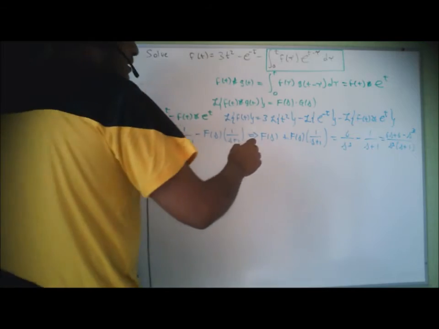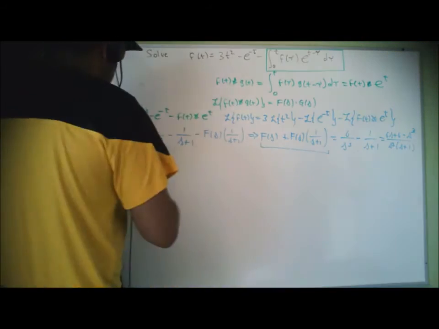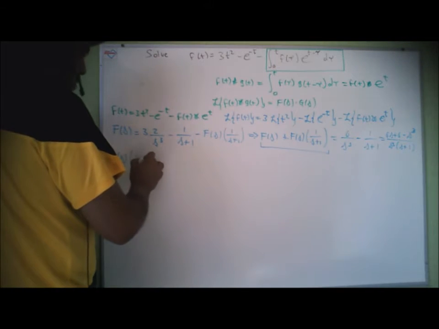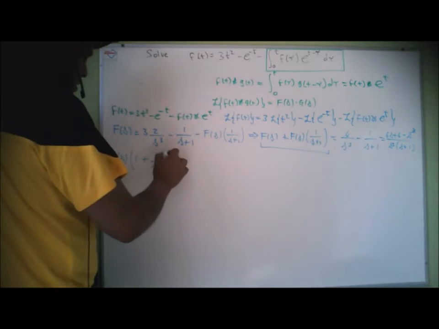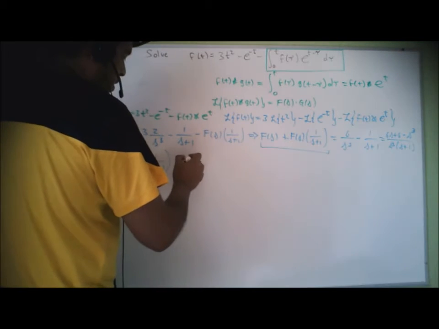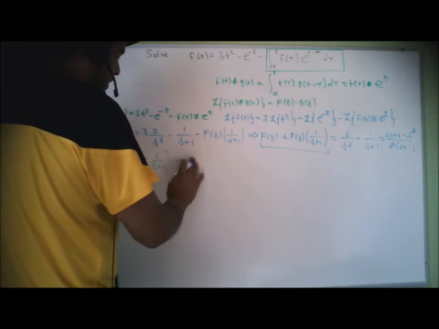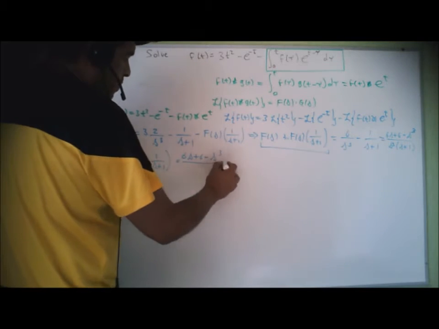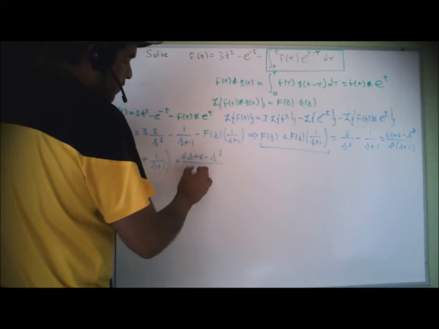Now let's factorize from this side: F of s times 1 plus 1 over s plus 1 equals 6s plus 6 minus s to the power of 3, over s to the power of 3 times s plus 1.